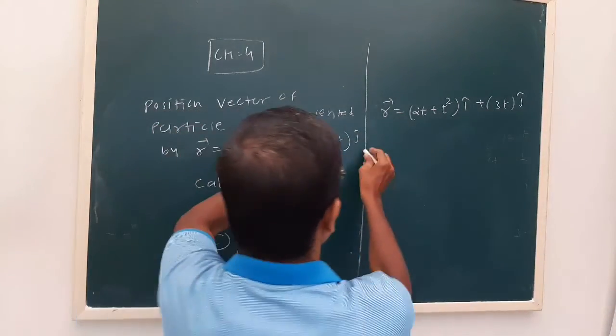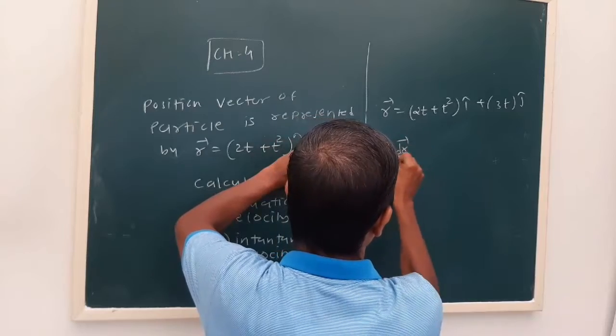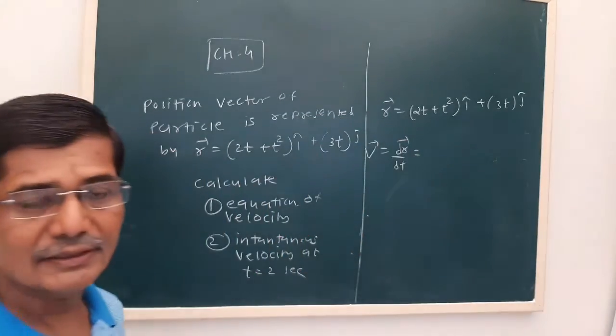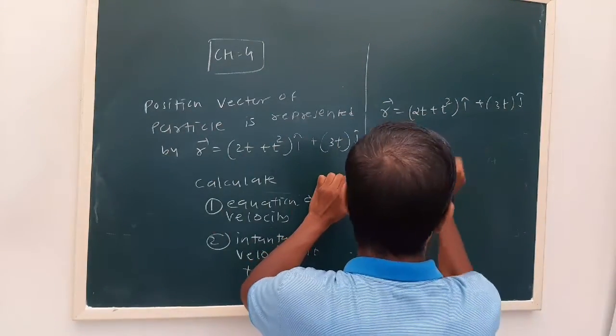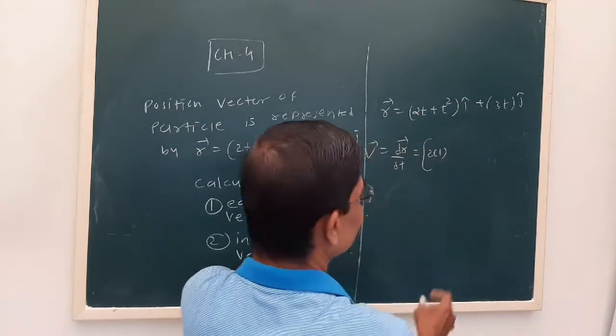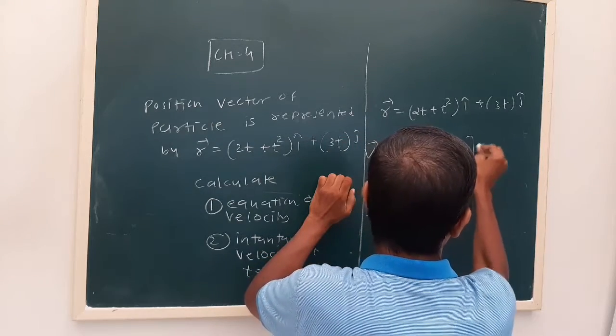Now v is equal to dr/dt, the time rate of change of displacement, which gives velocity. The derivative of 2t is 2, the derivative of t square is 2t, and the derivative of t is 1.